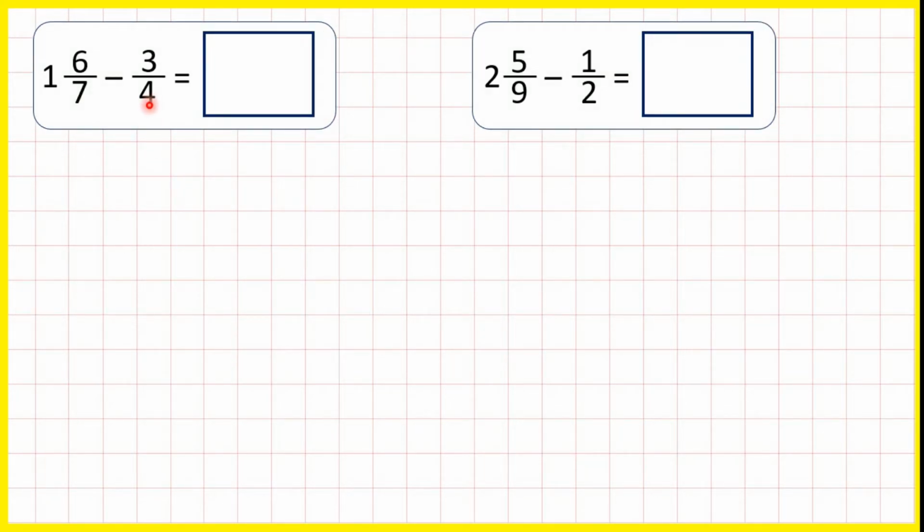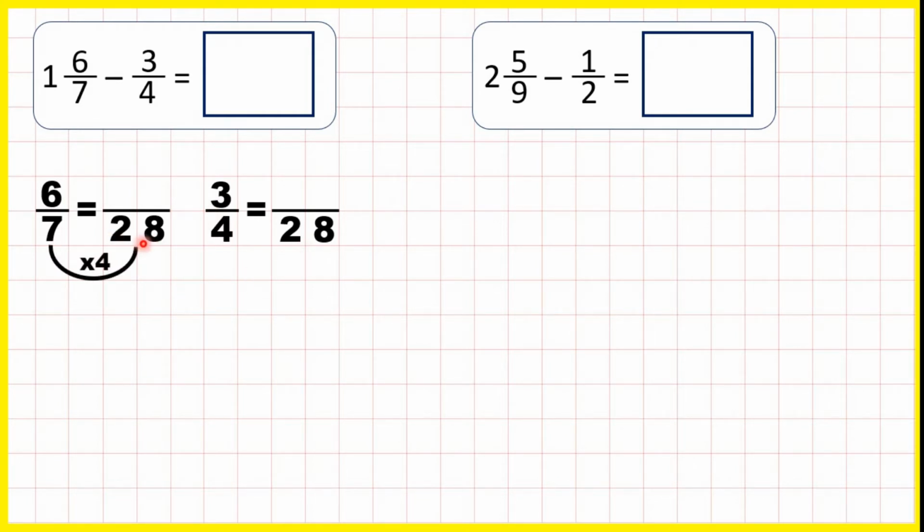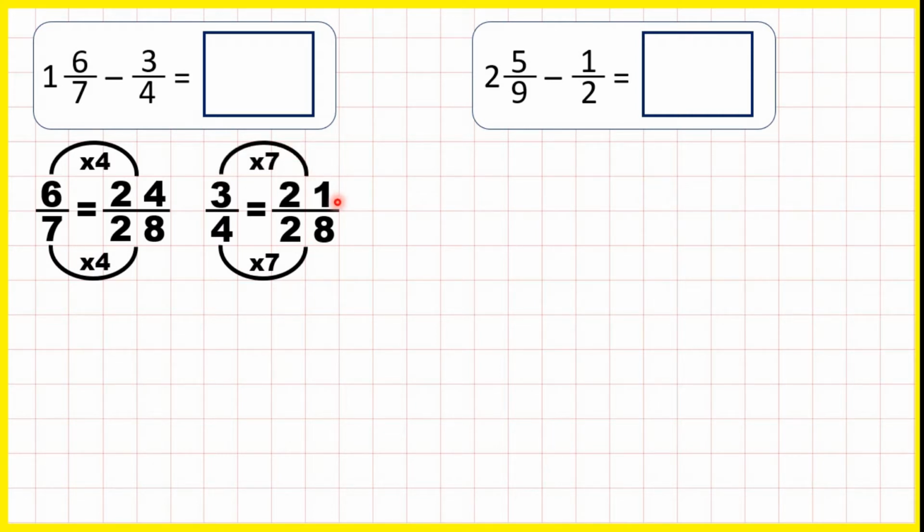Now we're subtracting a fraction from a mixed number, and when we're subtracting, we need the denominators to be the same. So 28 is in both the 7 and the 4 times table, so we can find equivalent fractions to 6/7 and 3 quarters, which have a denominator of 28. 7 times 4 is 28, 6 times 4 is 24, 4 times 7 is 28, 3 times 7 is 21.